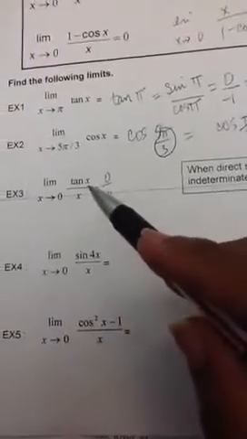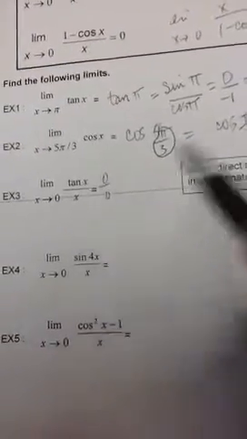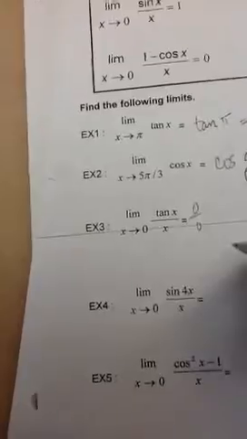So let's first factor out tan, right? So tan factors into sine over cosine, right?